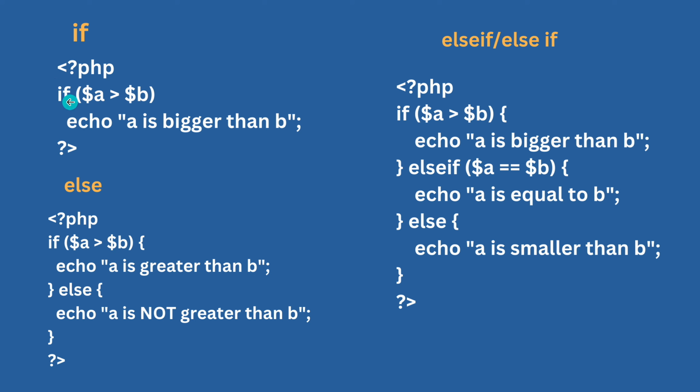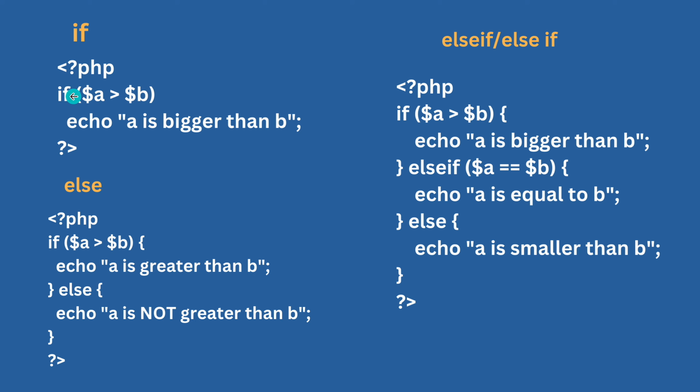If this if statement is true, then this will be executed. Clear, guys? Another is else. If some condition is not true, there is another control structure, else.